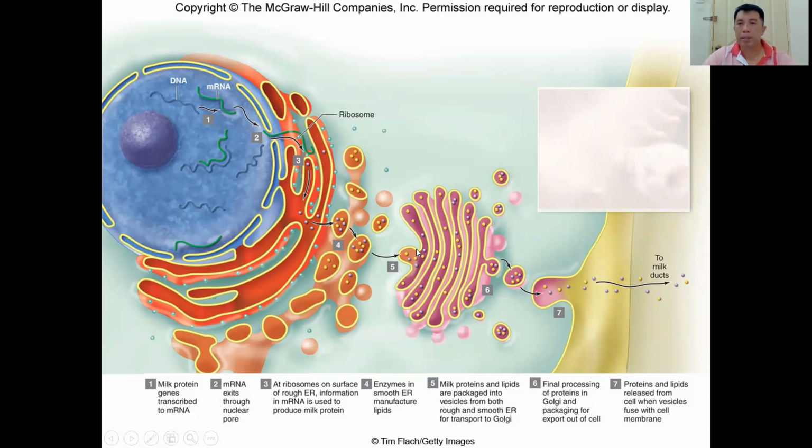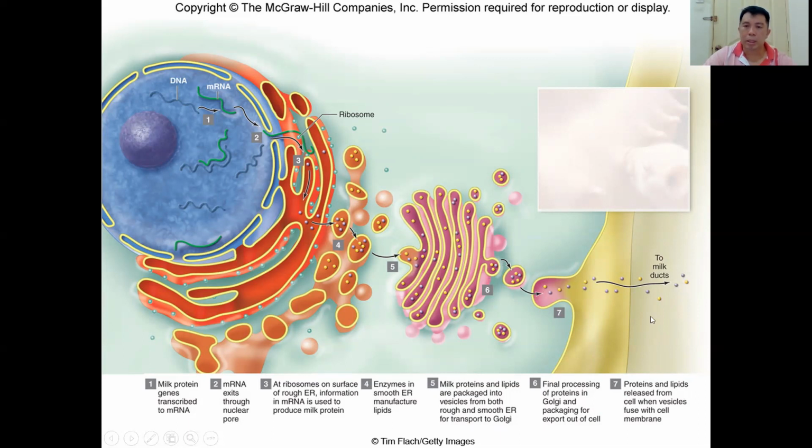Then in the Golgi apparatus, the proteins are processed and modified through glycosylation, proteolysis, phosphorylation, and so on. Then after that, the final product, which is the milk proteins, will be packed into secretory vesicles and then secreted out of the cell.